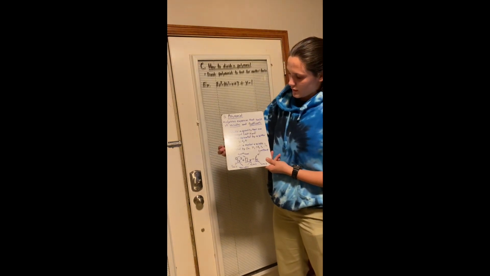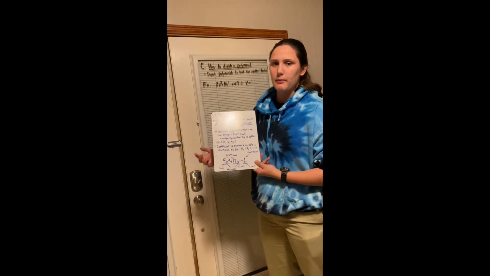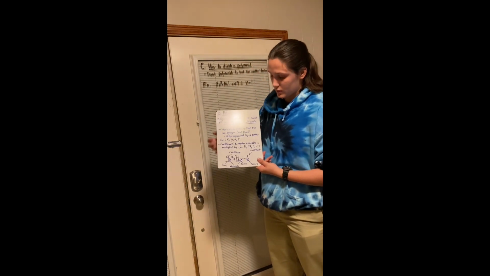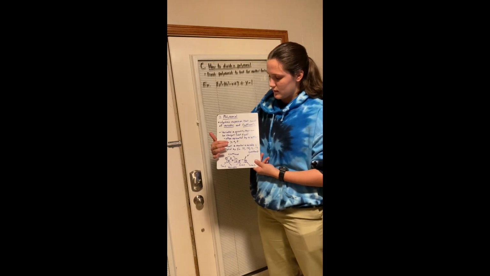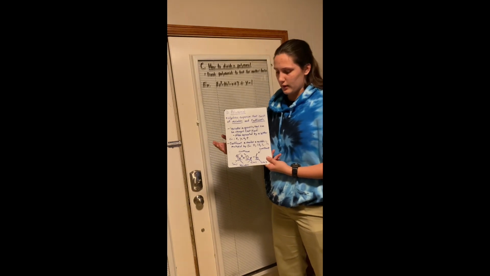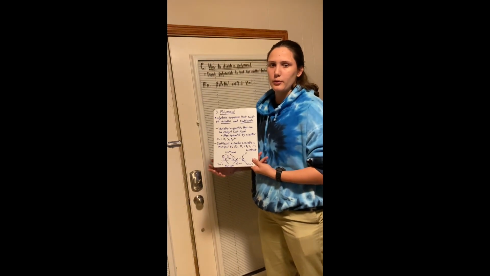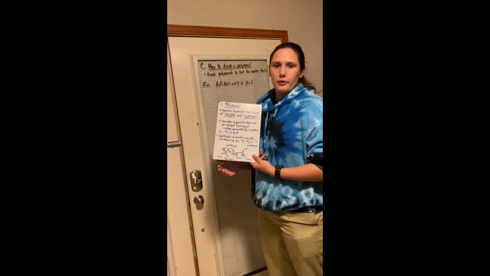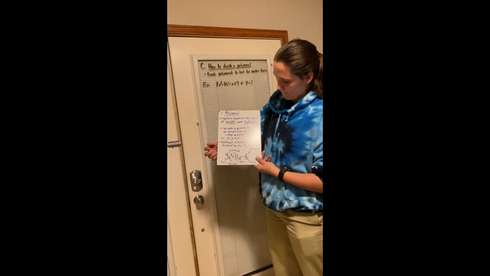The coefficient is a number that is being multiplied by a variable. So a variable can be x, y, a, t, any letter that represents an unknown quantity, and a coefficient is any number. So it can be 11, 22, 543, any number that can be multiplied.